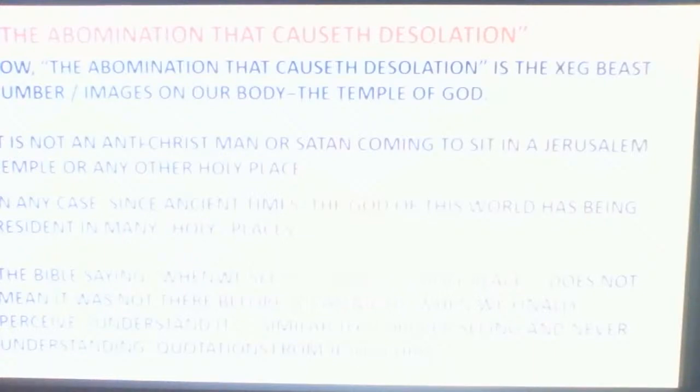The Bible saying, when we see it sitting in a holy place, does not mean it was not there before. It can mean when we finally perceive/understand it, similar to forever seeing and never understanding, quotations from Jesus Christ.